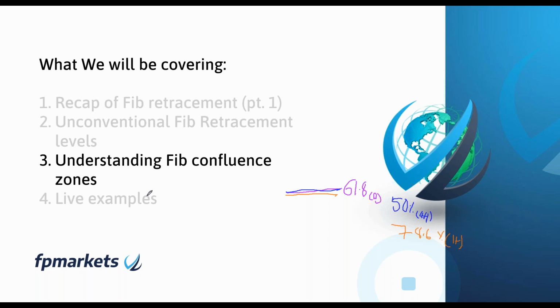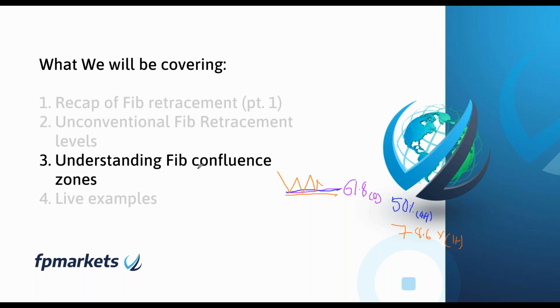After that, you look at price. There is a strong support. Price actually tested it like 3-4 times, and it's coming back down to test it again. You know for sure that this is a very, very strong confluence zone. This lining up of Fibonacci levels is called a Fibonacci confluence zone.